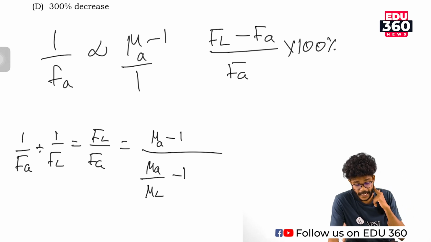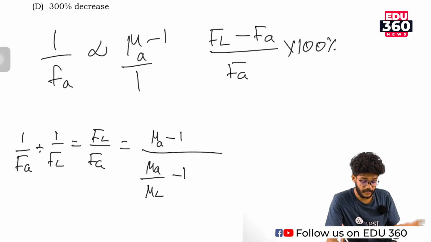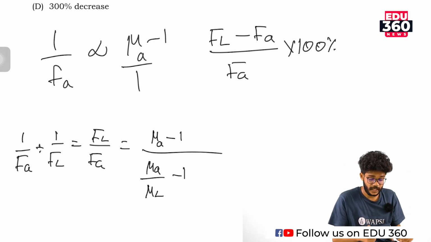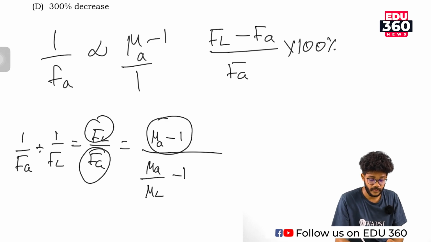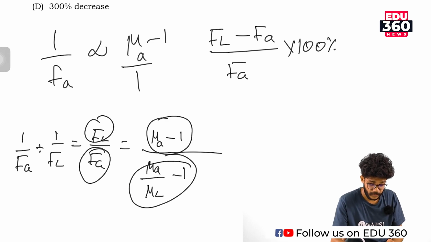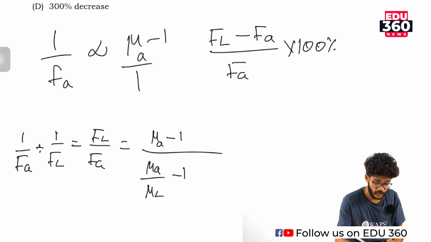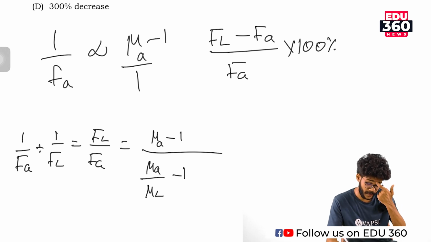Because 1 by f_a is proportional to mu_a minus 1, they are inversely proportional. That's why all the terms are arranged opposite to that. That means f_a and mu_a are opposite, f_L and mu_L are opposite. So f_L by f_a is equal to (mu_a minus 1) by (mu_a by mu_L minus 1).